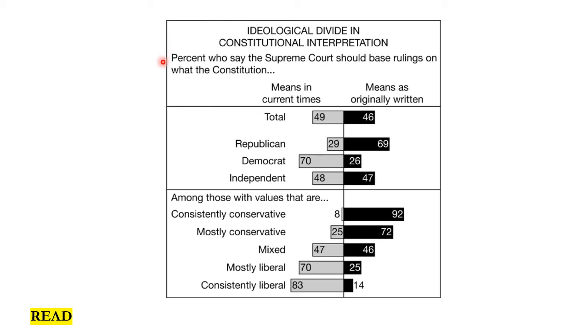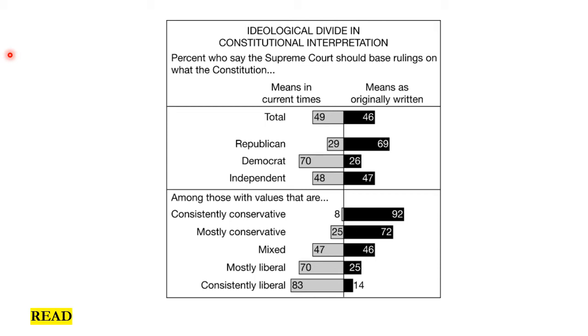Percent who say the Supreme Court should base rulings on what the Constitution means in current times, or means as originally written. Okay, so I'm going to recognize pretty quickly that this is about living Constitution versus strict constructionist.